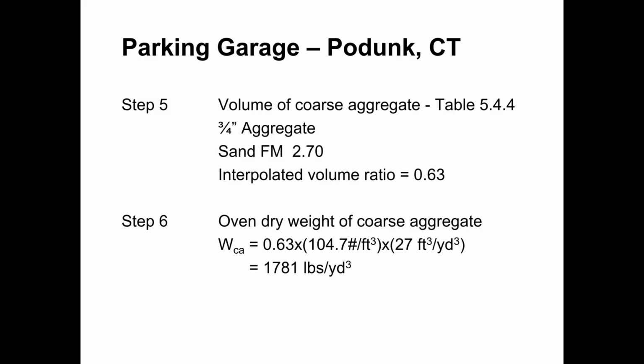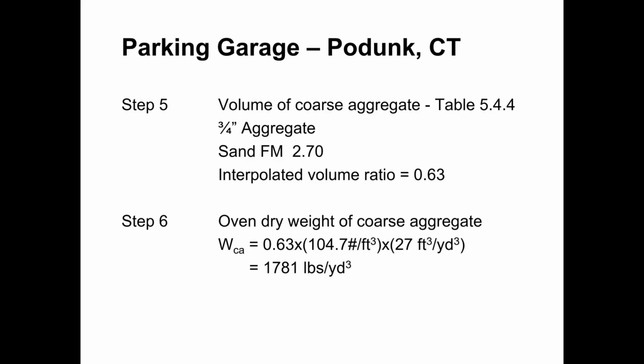Now notice that in table 5.4.4, there isn't a column for a fineness modulus of 2.7. There's a column for 2.6 and a column for 2.8. So in that situation we need to interpolate between those two columns. We're going to be right between them. And so for a 3/4 inch aggregate, we come up with an interpolated volume ratio of 0.63. All right, so our volume ratio of coarse aggregate is 0.63.